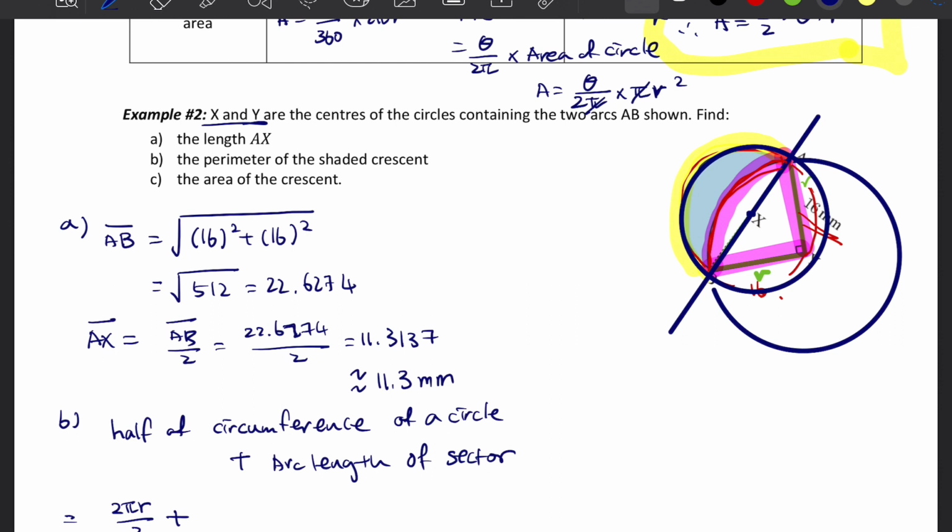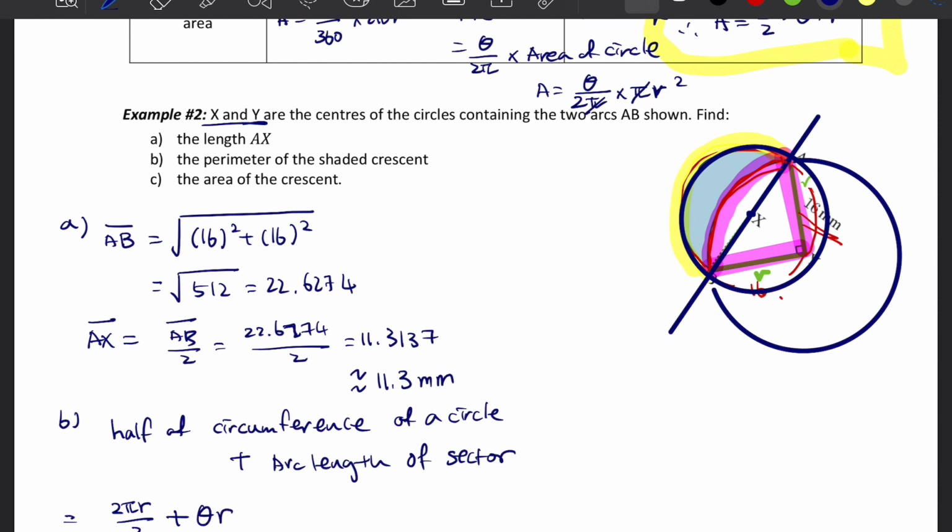The arc length is theta times r, right? So let's do angle times r.